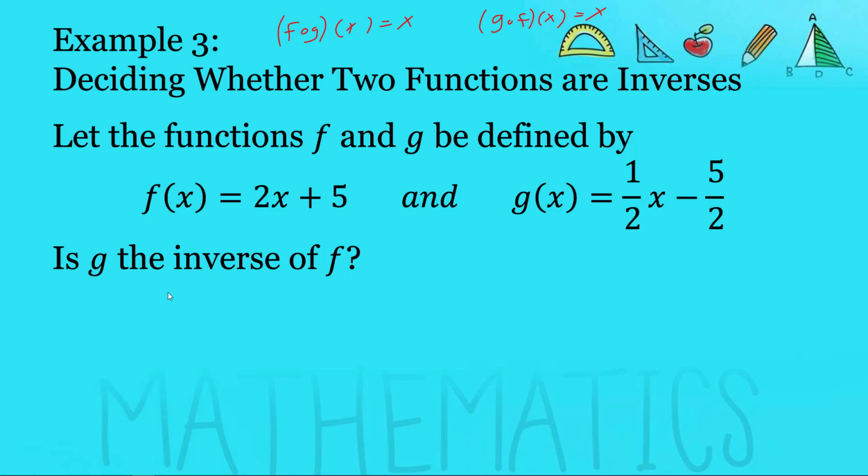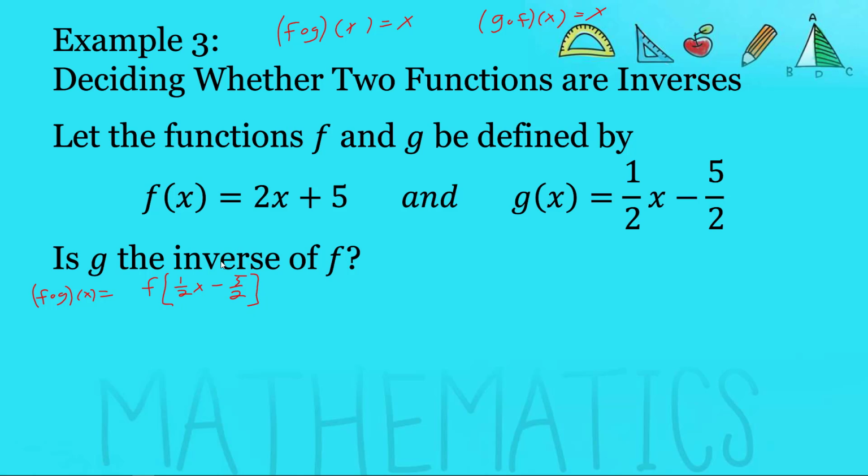Okay, so let's first look at the composition of f and g. That is going to be equal to f of g of x, where g of x is 1/2 x minus 5/2.